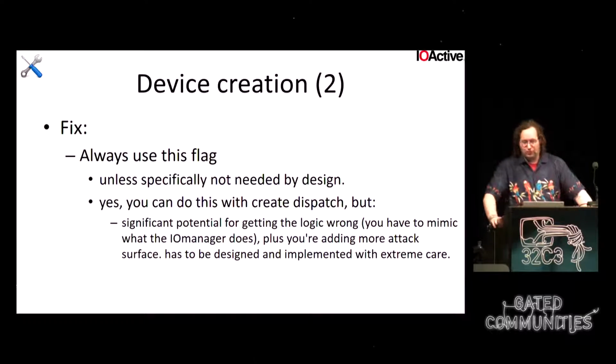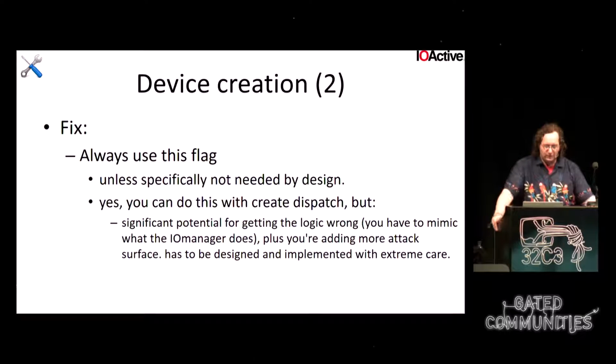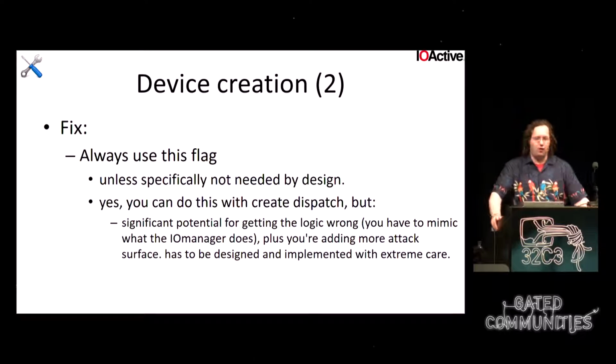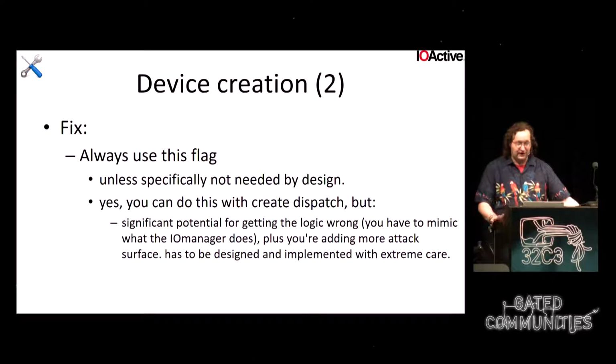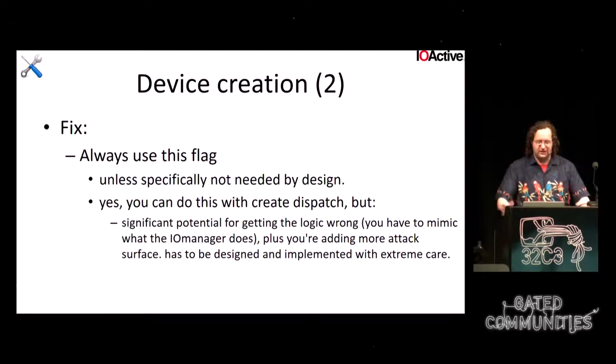That's the general rule. Now, some people go, well, you don't have to set this flag. You can sort of create your own dispatch callback and do it in there. And yes, you absolutely can. You probably shouldn't because, A, you're now adding more attack surface even though this functionality is already there in the Windows kernel. Just set that one bit and you get it for free.